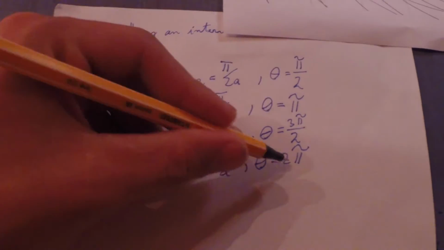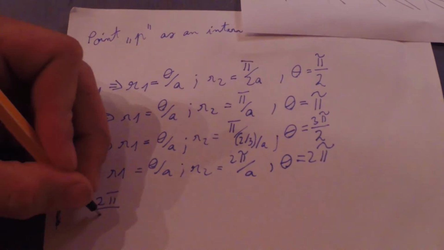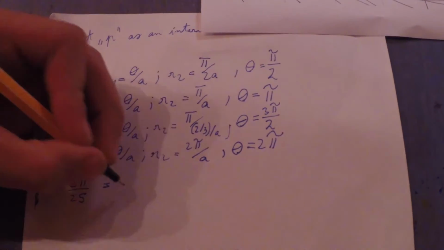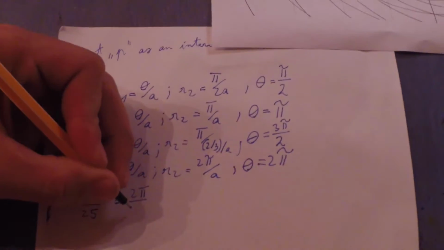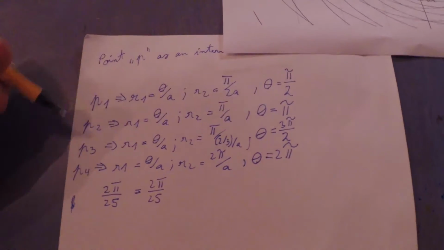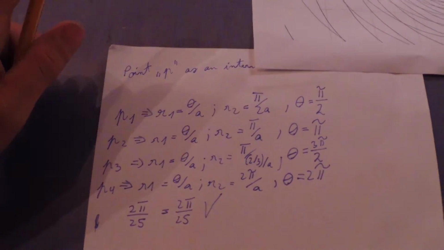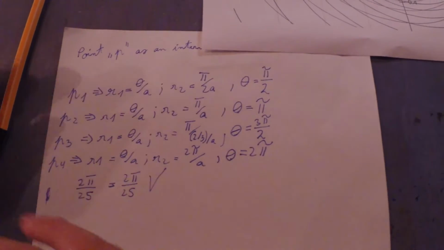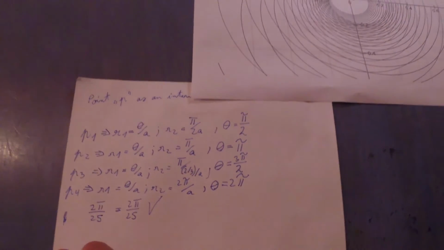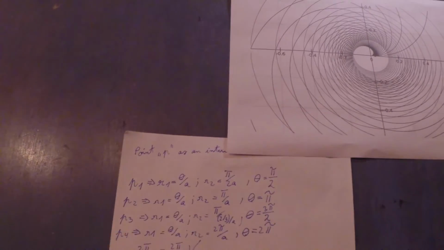So here we have 2 pi over 25 equals 2 pi over 25. So this condition is correct. I won't do the other ones because I try to keep the video as short as possible, but if you want you can test them. Right now we're going to see what happens if we plot this condition.